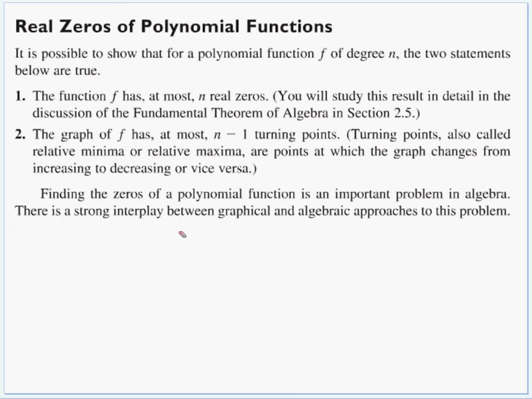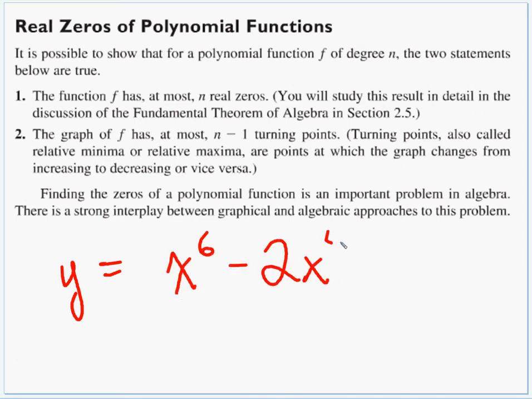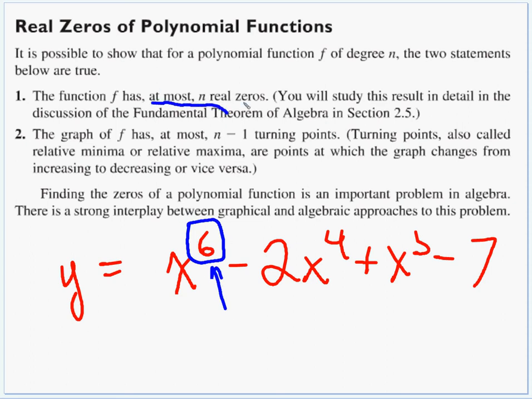There's strong interplay between graphical and algebraic approaches to this problem. So if I just made up any polynomial, x to the 6th minus 2x to the 4th plus x cubed minus 7, I could say, using the facts up here, that this function has at most 6 zeros. I take its highest exponent. It has at most that many zeros.